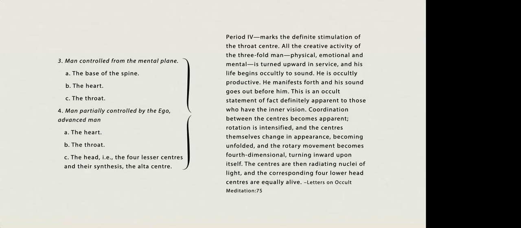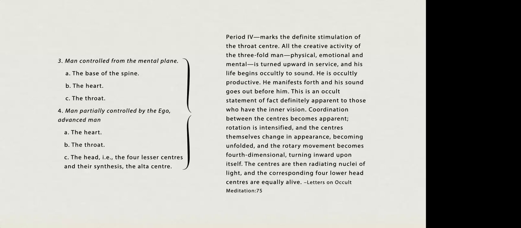Period 4 marks the definite stimulation of the throat center. All the creative activity of the threefold man, physical, emotional, and mental, is turned upward in service, and his life begins occultly to sound. He is occultly productive. He manifests forth, and his sound goes out before him. This is an occult statement of fact, definitely apparent to those who have the inner vision.